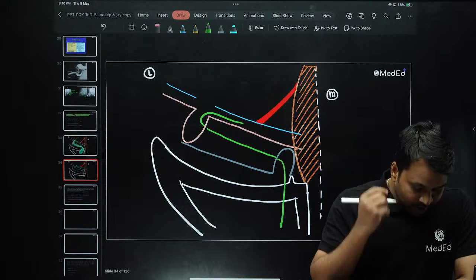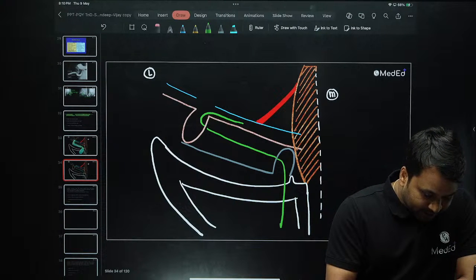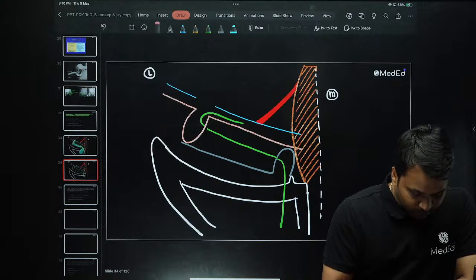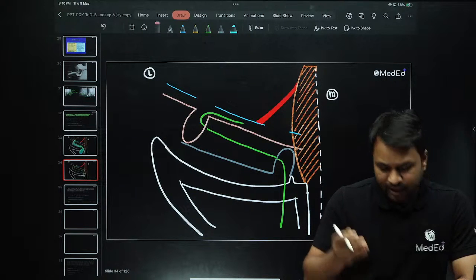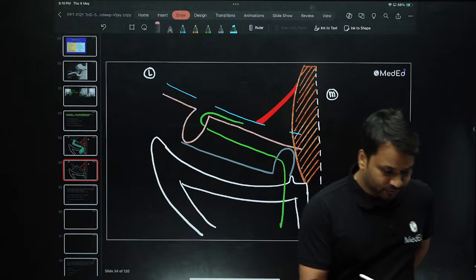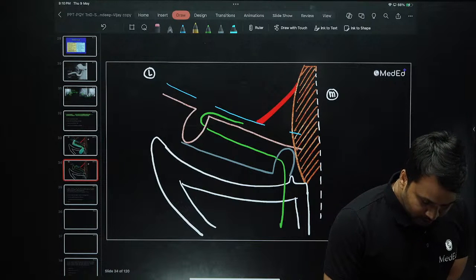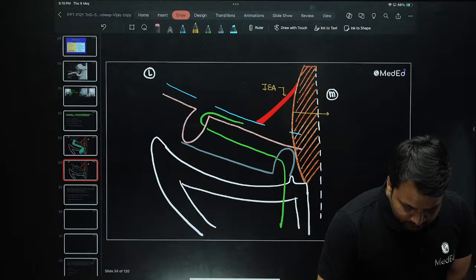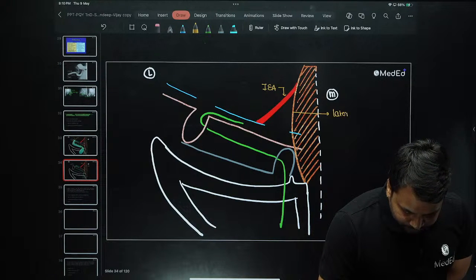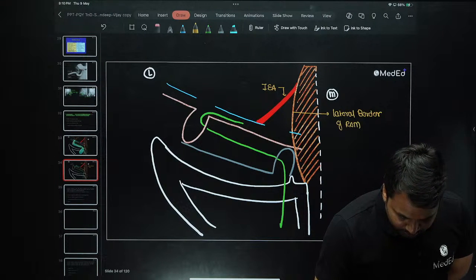Now, the defect in the direct inguinal hernia is from the posterior wall, that is Hesselbach's triangle, and we all know the Hesselbach's triangle is formed by your inferior epigastric artery, which is present here, the lateral border of the rectus abdominis muscle, and the inguinal canal.